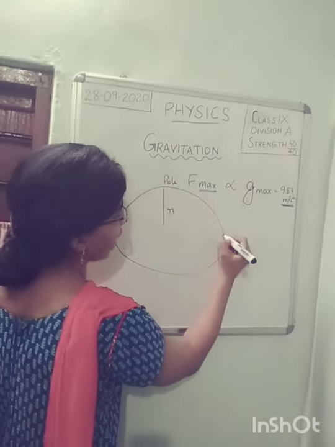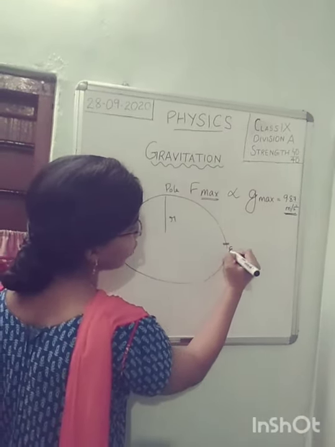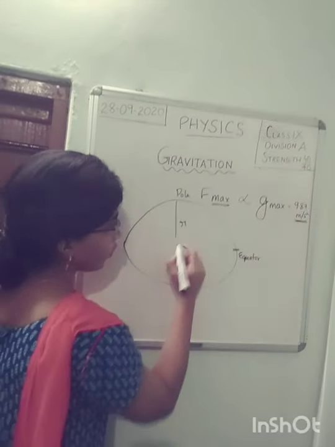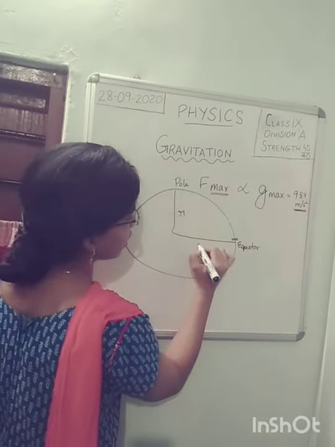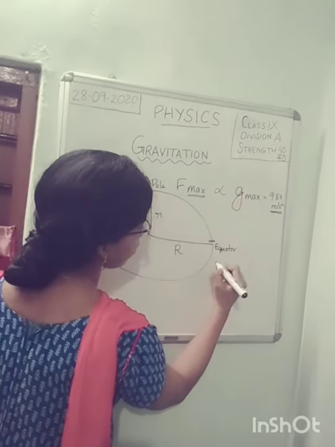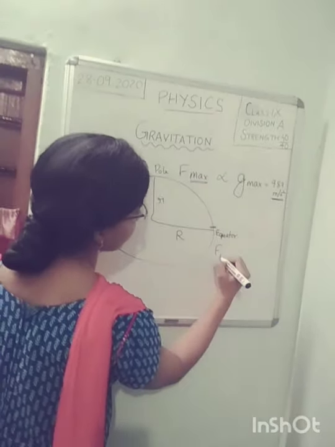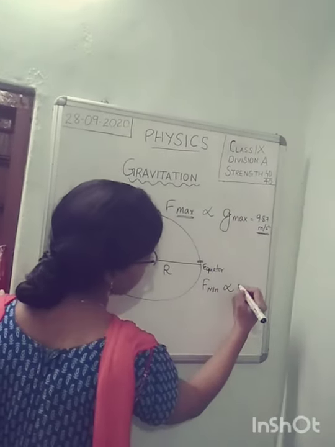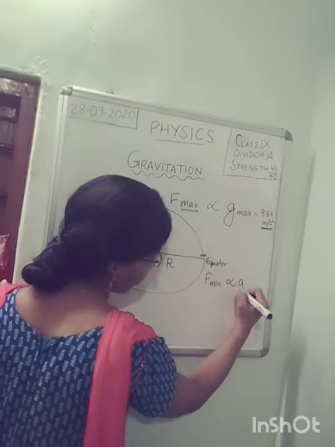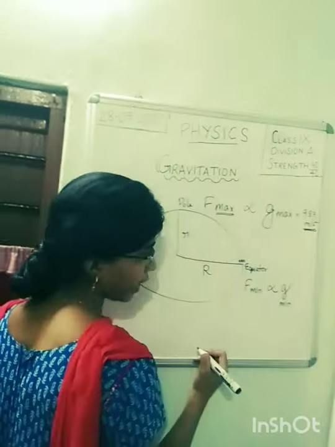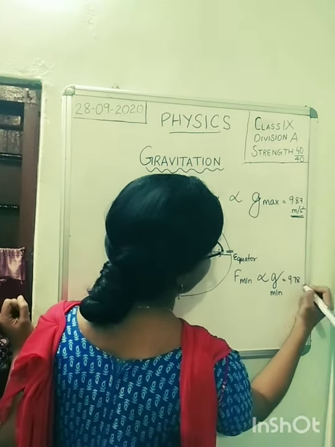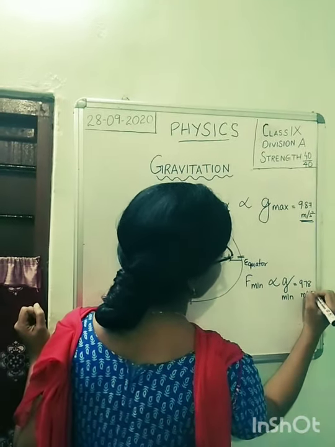So what about acceleration due to gravity at the equator? What will be the value? At the equator, we saw that the radius is maximum. So the force of gravity at the equator will be minimum. Force is directly proportional to acceleration, so instead of A, I am writing G. So G will be minimum at the equator and its value comes to be 9.78 meter per second square.